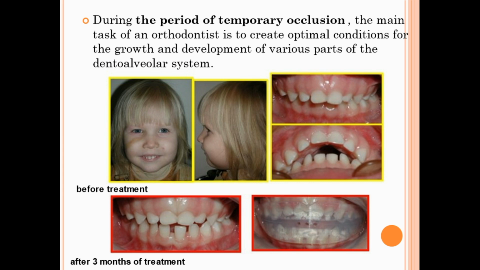According to the indications, the corresponding orthodontic instrumental methods are applied, which in the first place stimulate the growth of the underdeveloped areas of the alveolar process of the jaws.